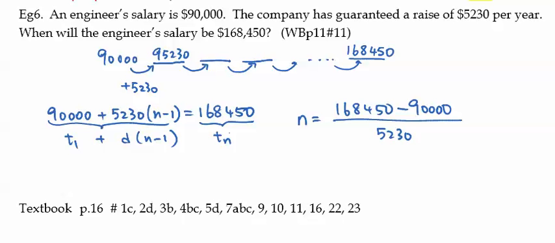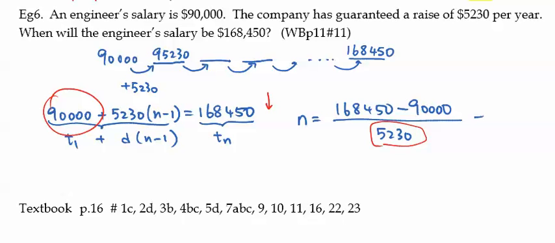In order to solve for n, you will subtract 90,000 to the other side. But then when you divide it by 5230, you don't quite get to the number of terms here.